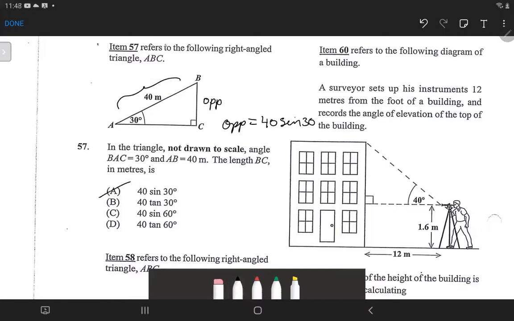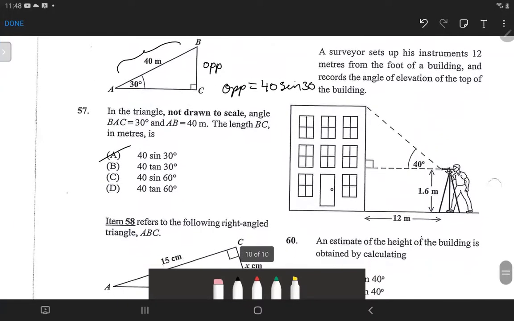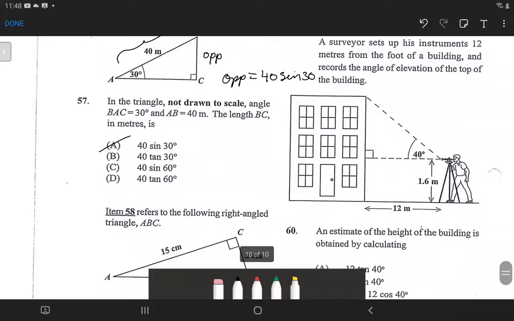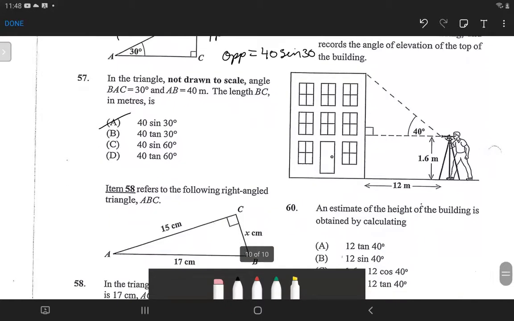Item 60 refers to the following diagram of a building. A surveyor sets up his instrument 12 meters from the foot of the building and records the angle of elevation at the top of the building. The estimate of the height of the building is obtained by calculating, well, you have to add the 1.6 plus, you know that this is 12.